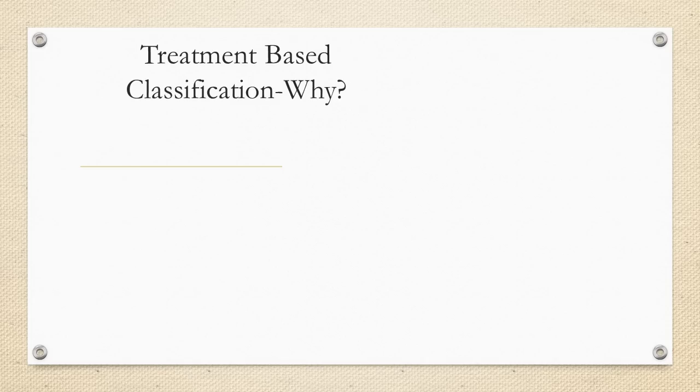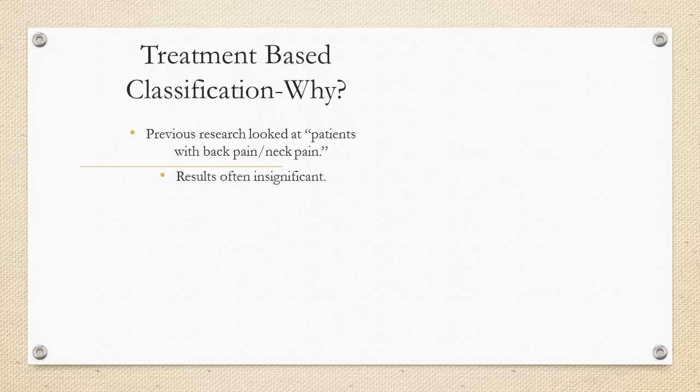So one of the things we're going to focus on is treatment-based classification. So why do we want to look at treatment-based classification? Previous research has primarily looked at patients with back pain or neck pain and basically lumped them into a very large group. Because of that, the results that were found in these studies were often insignificant.